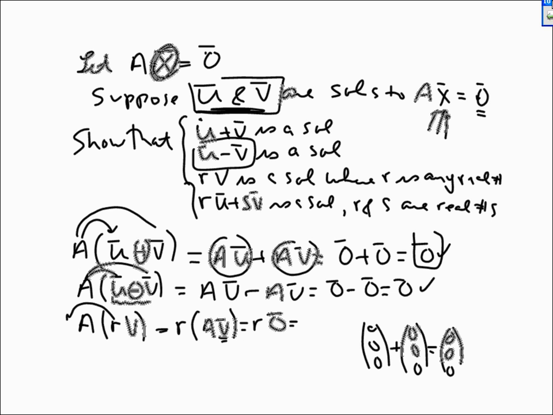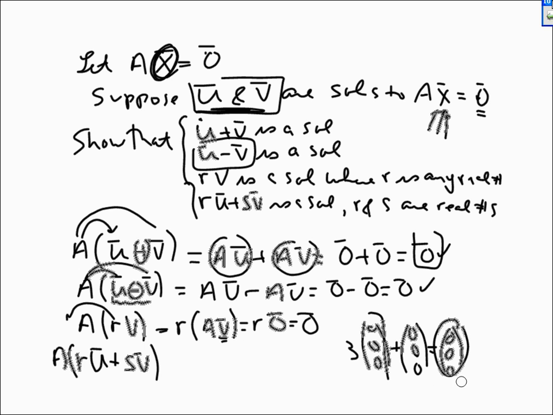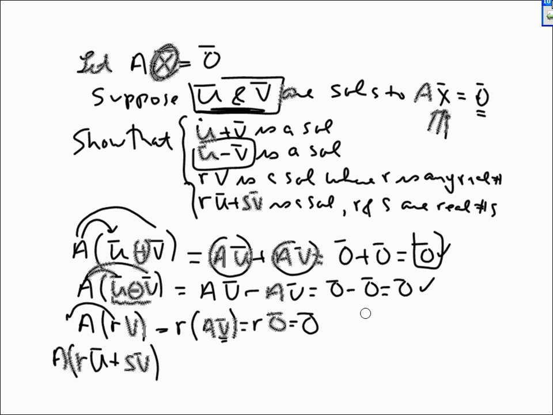And, you know, if you scale the 0 vector by 3 or r, you get back the 0 vector. This is still the 0 vector. What about A times ru plus sv? This is the one, in my opinion, that makes all this stuff really beautiful. It's like, wow.